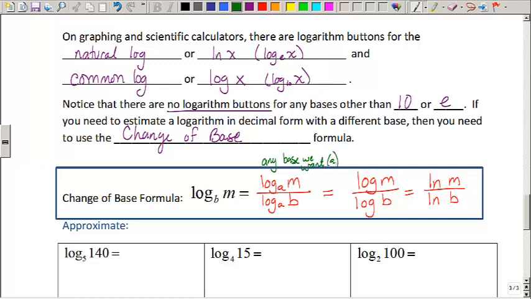And that's A, any base we want. Notice there is no A in the original problem. A could be anything you would like. Or we could use the common log. Or we could use the natural log.